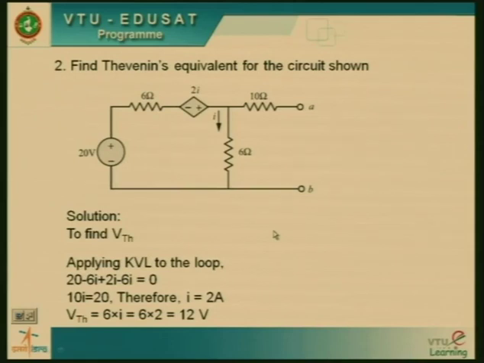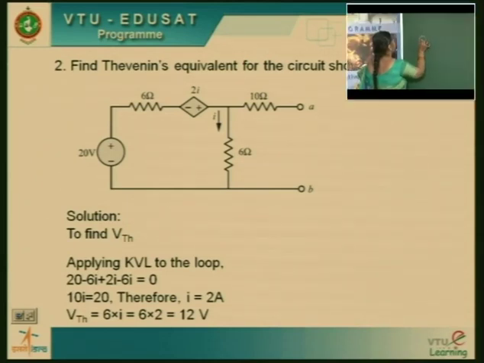Next we will go to the second, wherein we have a dependent source. That was without any dependent source. Here we try understanding the circuit with a dependent source. For that, let me discuss it with the circuit written here.